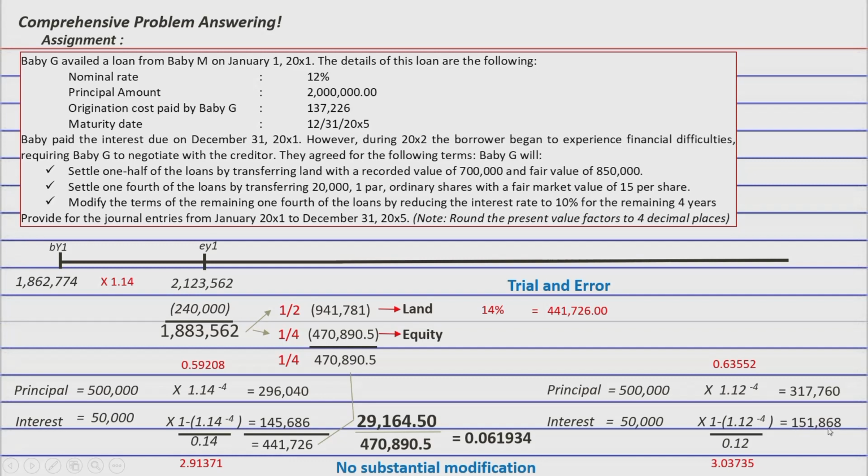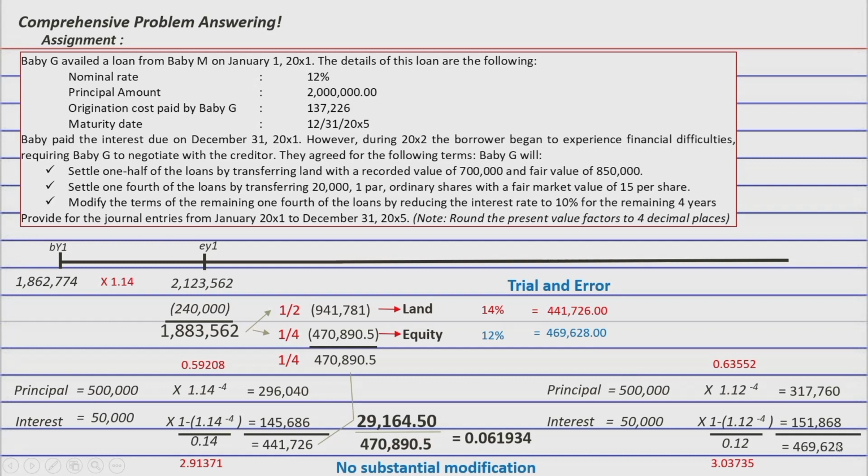So next is, let's get the sum of these two, and we will get 469,628, which is very near to the value that we are looking for. So, let's use this as the second term. So, we need to use both the rate and the resulting present value amounts.